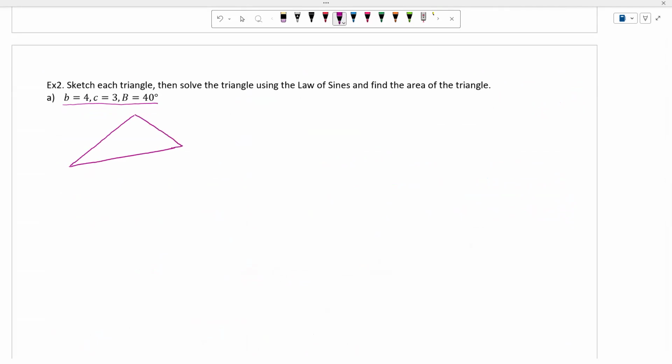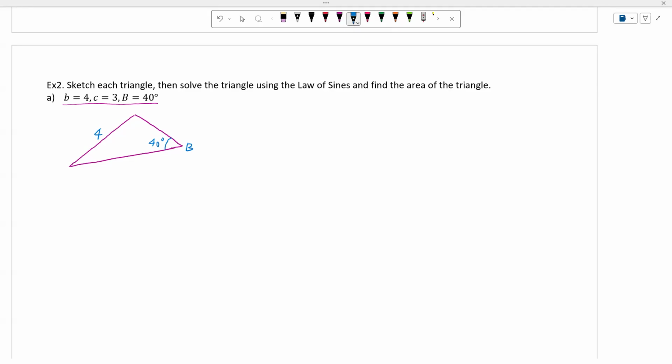Then if this is the angle B, which is 40 degrees, then of course this side must be the length b, which is 4.